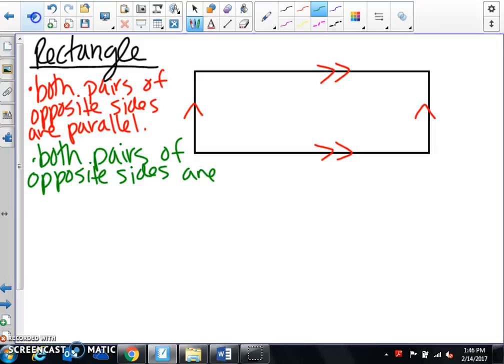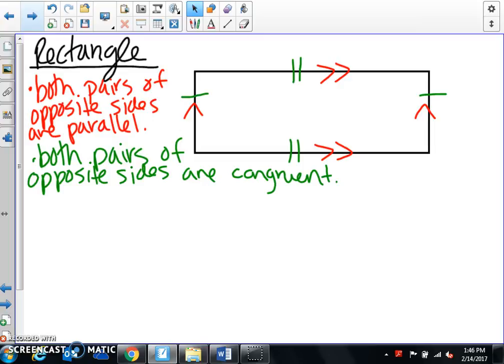Opposite sides are congruent. So this side is congruent to that one, and this side is congruent to that one, right? So opposite sides are congruent.